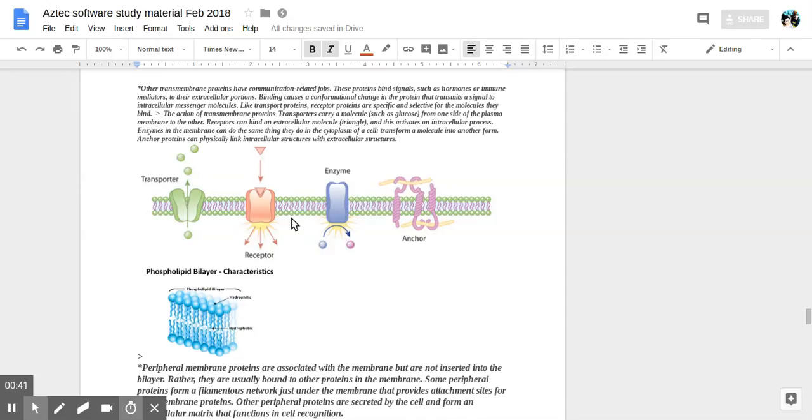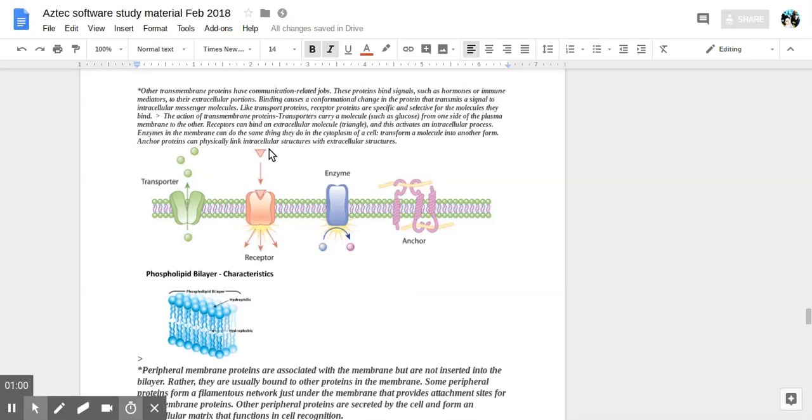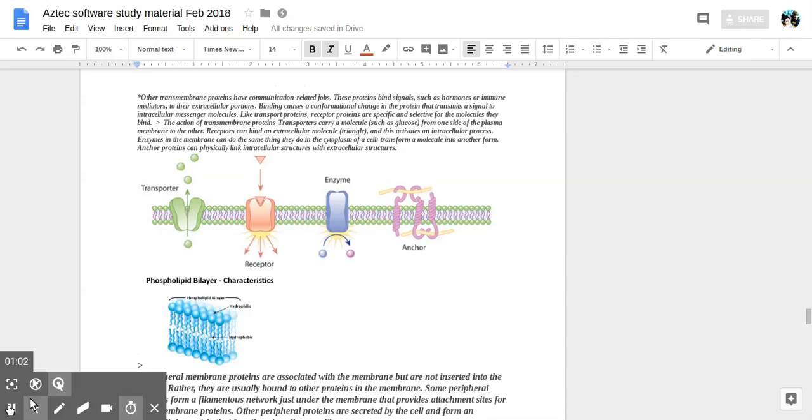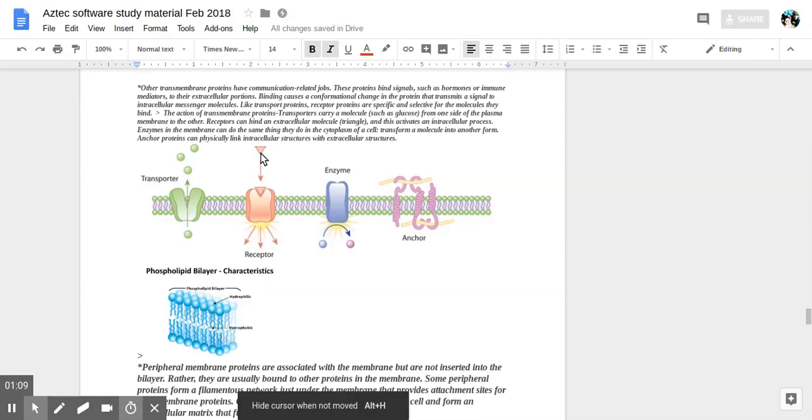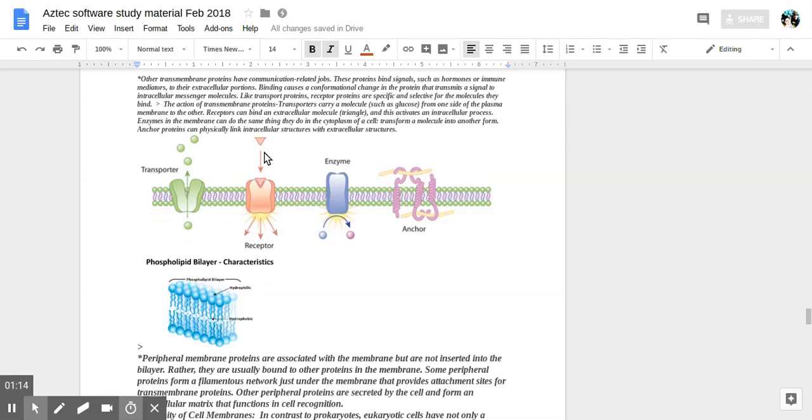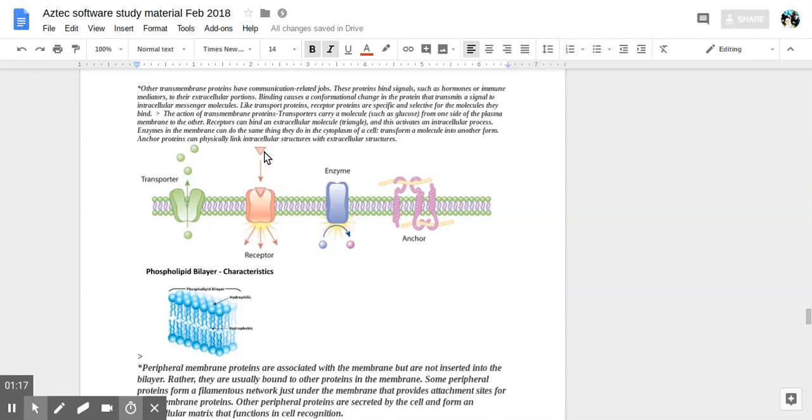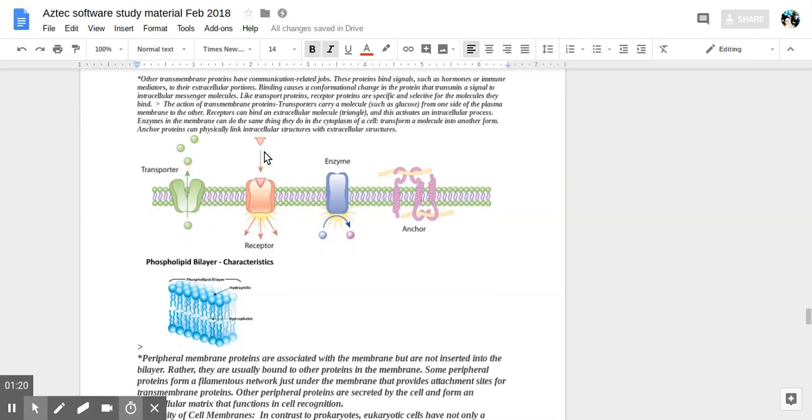Embedded inside the bilayer we have proteins which help transport polar and large sized molecules such as glucose and amino acids across these transporters, and also polar ions across these channels. So they transport different molecules from intracellular, or inside the cell, to the extracellular part of the cell, the outside.